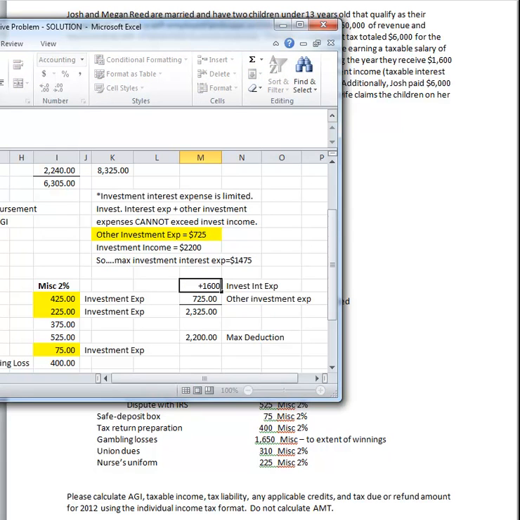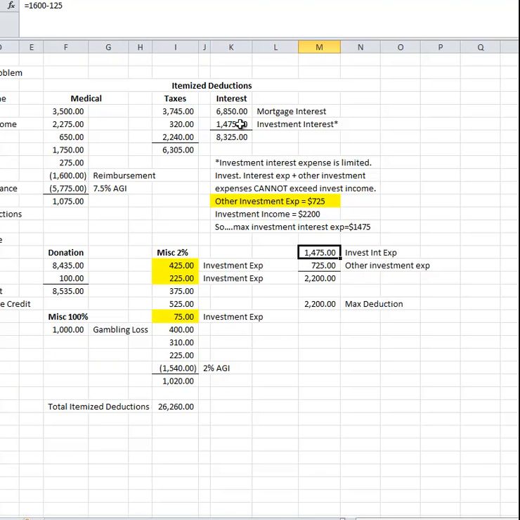So investment interest expense is $1,600, and there's $125 that is not deductible because of your limit. Your max deduction is $2,200. To make that work, you'll deduct $725 of other expenses as miscellaneous 2%, and that caps you at $1,475 as far as how much you can deduct under the interest category. So there's where your $1,475 is coming from.